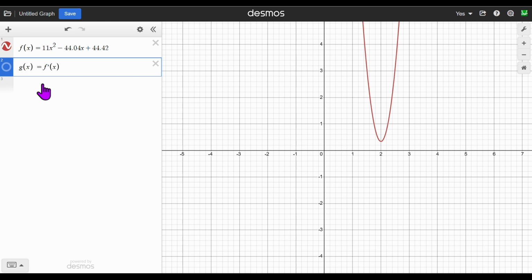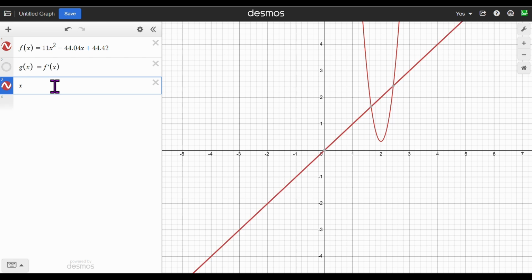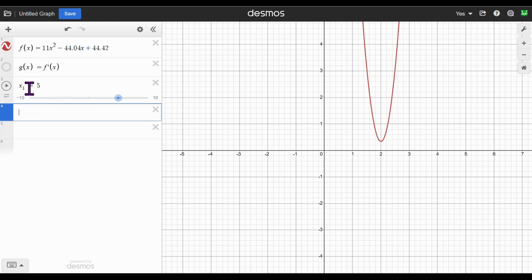Now let's say that we have to have different points on the graph. So I'll create a slider called x1, and it has values from minus 10 to 10. I can give any value if I slide like this. And then for this x1, I would have a point on this graph, on the function which I have.